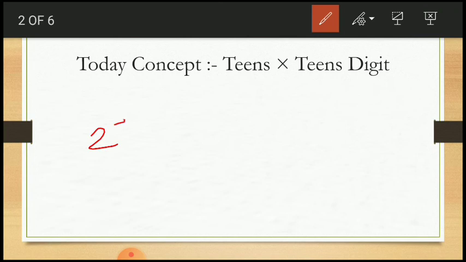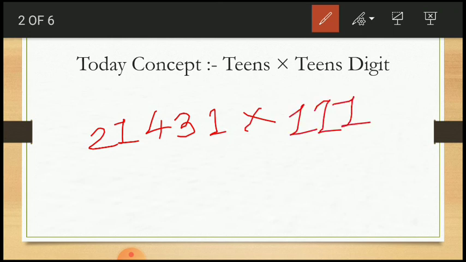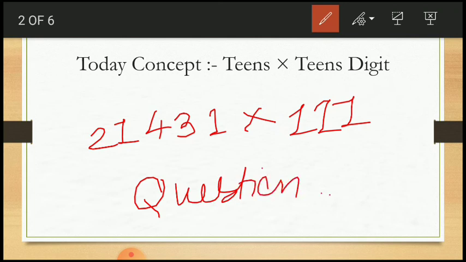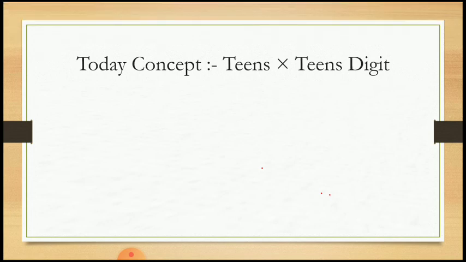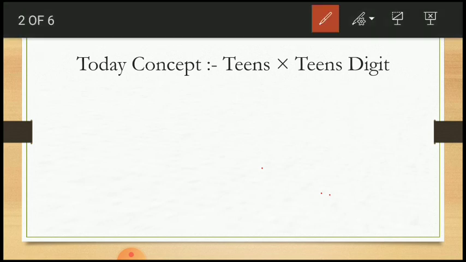21,431 into 111. This is our question. Now you have to write this question: first write 2, then leave some space, then 1, then leave some space, then 4, then 3, and then the last 1.